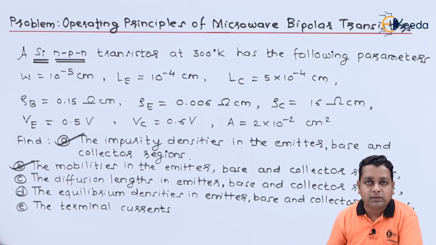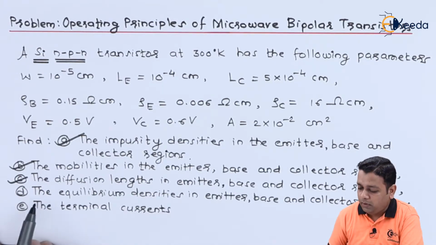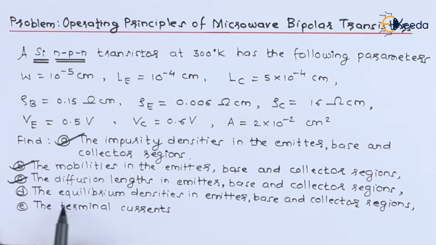Now after getting the answers for part C, we go for part D. In part D, the equilibrium densities in the corresponding emitter, base and collector regions are to be determined.